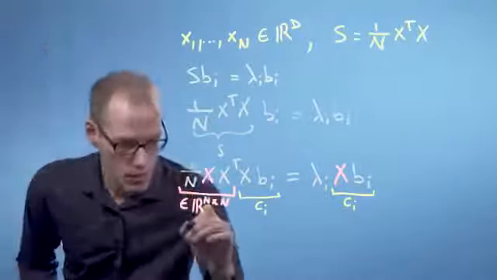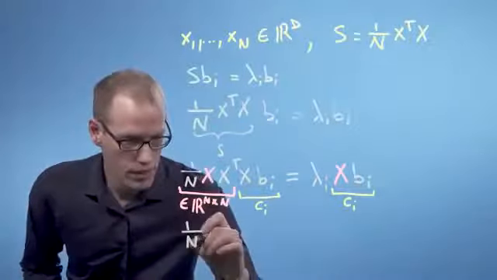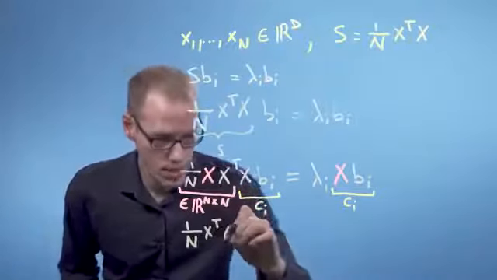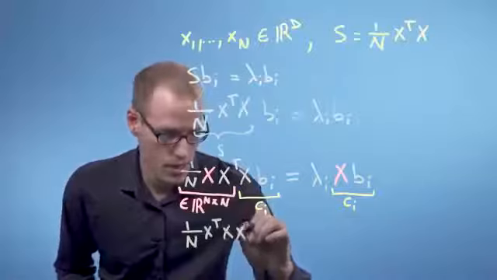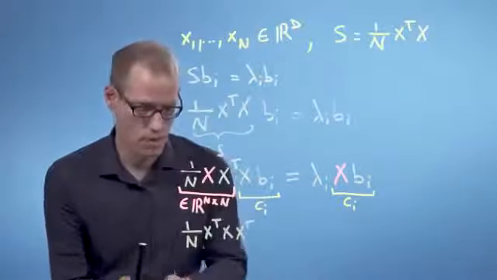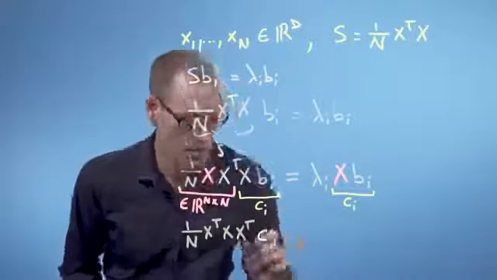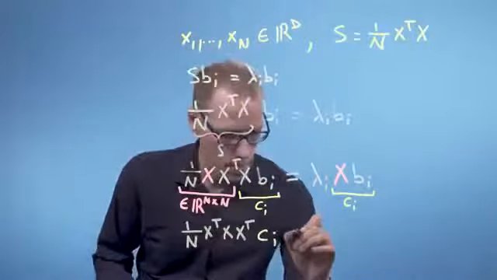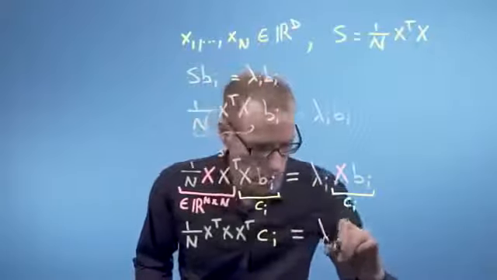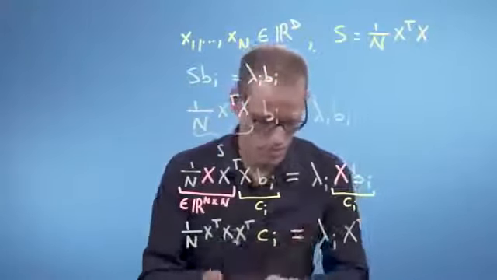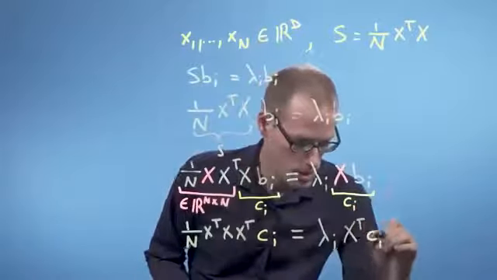So you get 1 over n times X transpose X X transpose times Ci equals lambda i times X transpose times Ci.